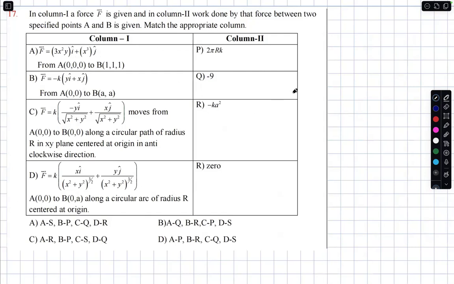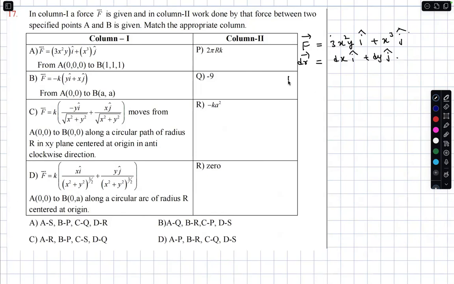This model came. For example, you have a question like this. F bar is equal to 3x square y I cap plus x cube j cap, and dr bar is equal to dx I cap plus dy j cap.